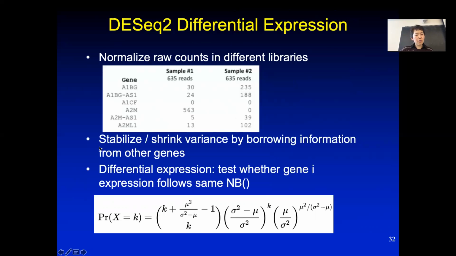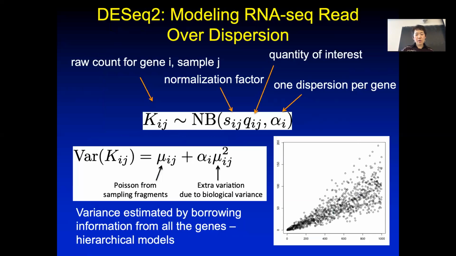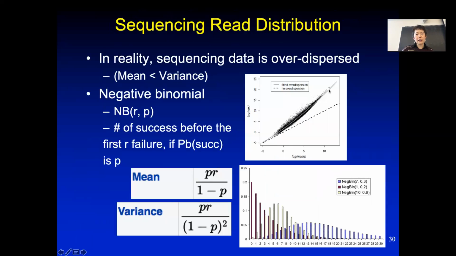But it also tries to stabilize or shrink the variance by borrowing information from other genes, which means if you only have 2 treatment, 2 control, you might be estimating a variance that's really not very accurate. And so you can imagine if we look at all the samples together or all the genes together, you can say, okay, roughly at this gene expression level, the variance should be around that.